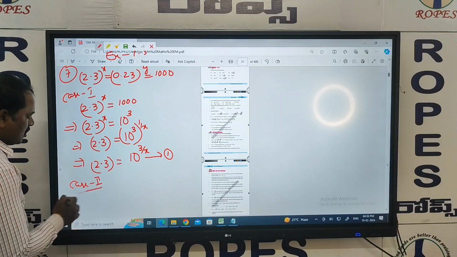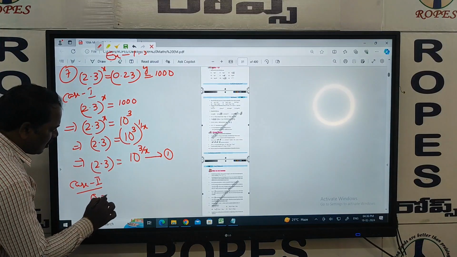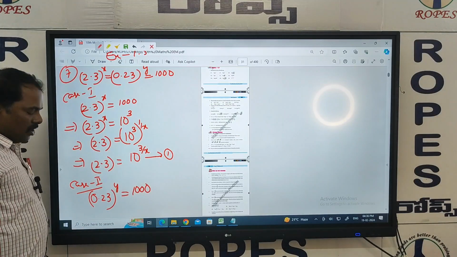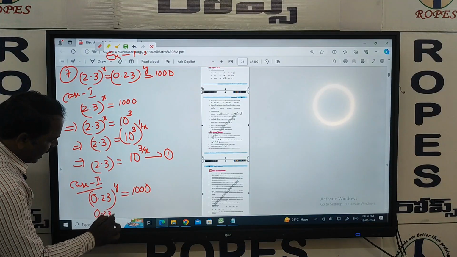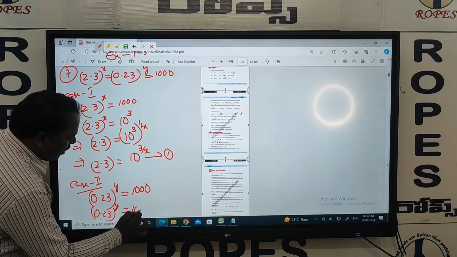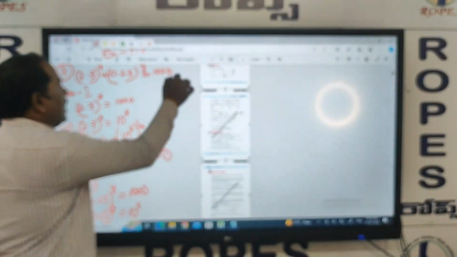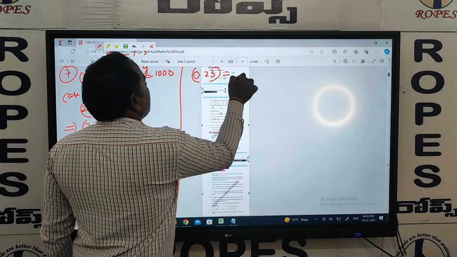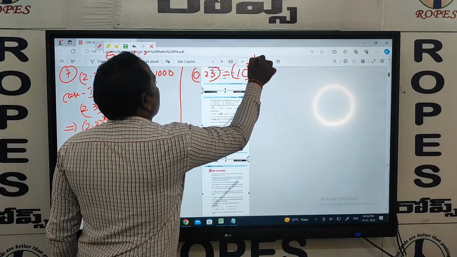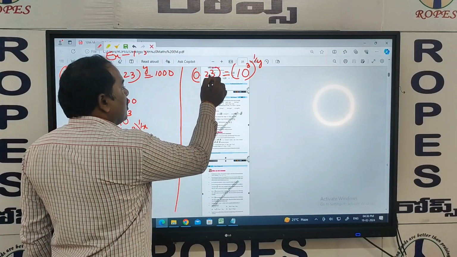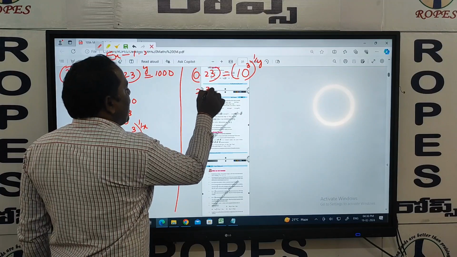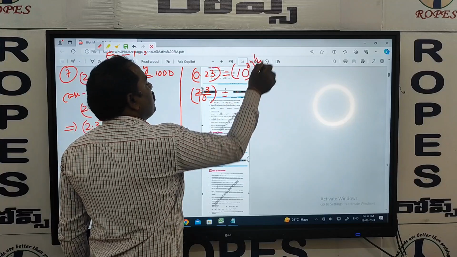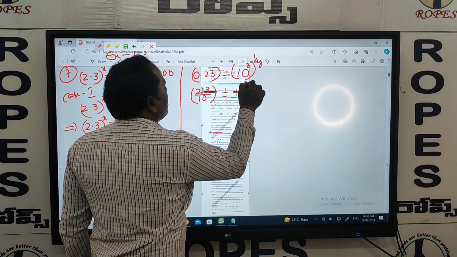Case 2: 0.23^y = 1000. From this, 0.23^y = 10 cube, so 0.23 = (10^3)^(1/y) = 10^(3/y).